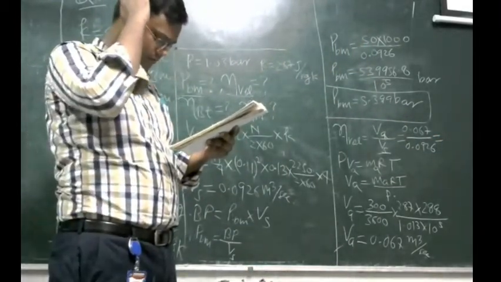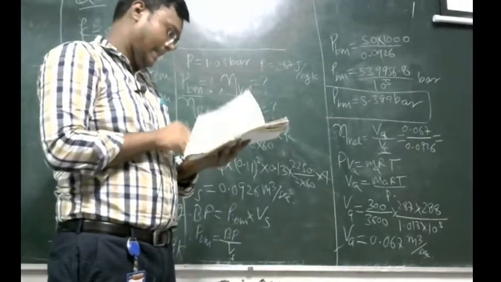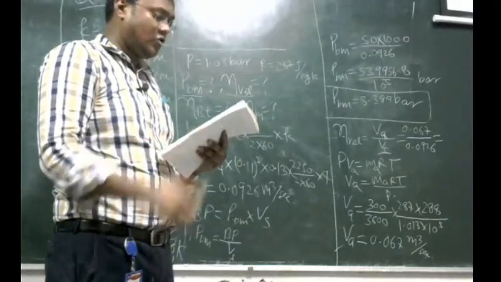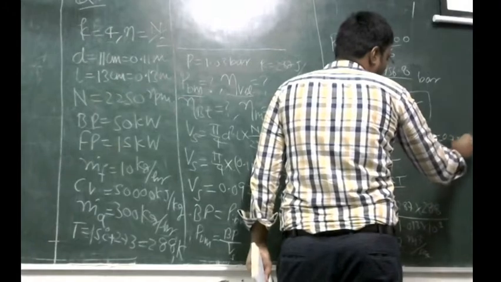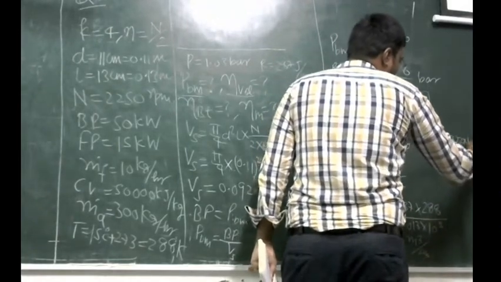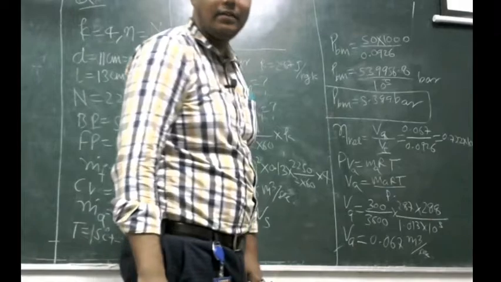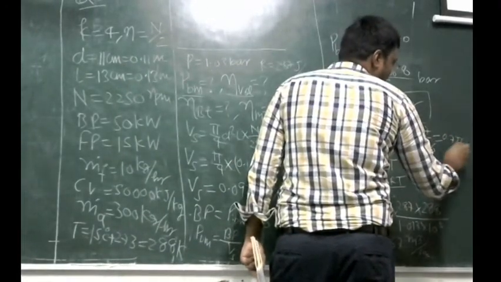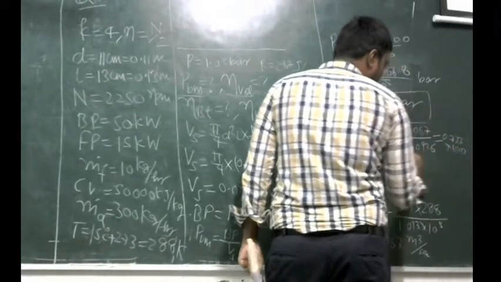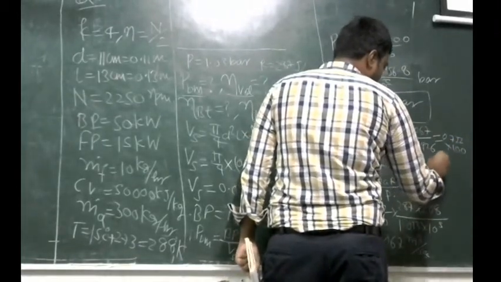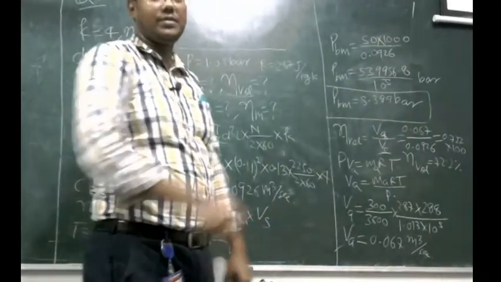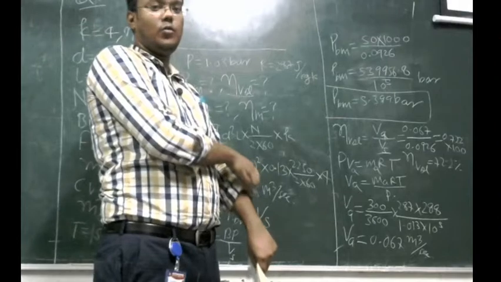It comes equal to 0.722. If you multiply by 100, then it will convert into percentage. So we get eta volumetric is equal to 72.2%. Okay, 72.2%. So it will be the answer of volumetric efficiency.